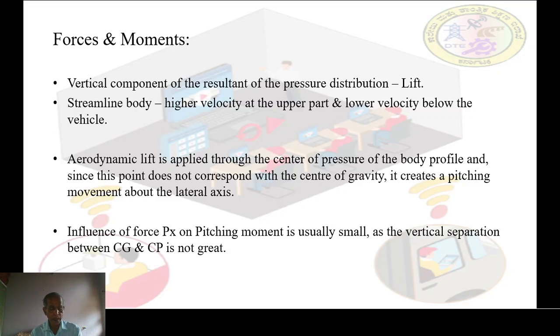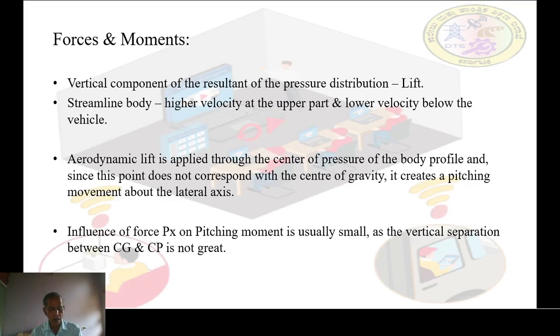Both lift and pitching movement have undesirable effects, meaning not much effective. Lift tends to reduce the pressure between wheels and ground. These are the bad effects.